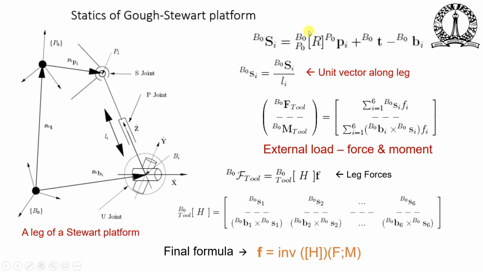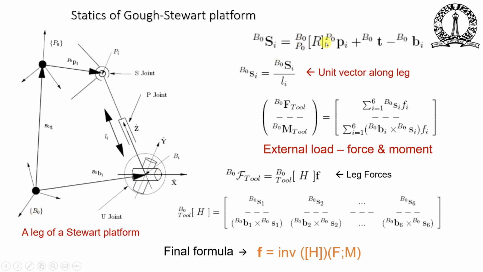The position vector of any S joint with respect to the fixed coordinate system can be written as B0 Si, as some vector P0 Pi pre-multiplied by a rotation matrix, because this vector is in the moving top platform coordinate system, plus the translation from the fixed origin to the top platform origin, minus the location of the U joint.